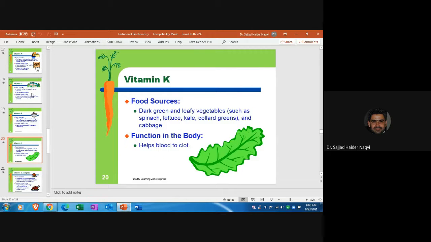And vitamin K comes from dark green leafy vegetables, spinach, lettuce, collard greens, and cabbage, etc. A very important function of vitamin K is that it helps in the blood clotting mechanism, which is a natural preventive mechanism to avoid blood loss.